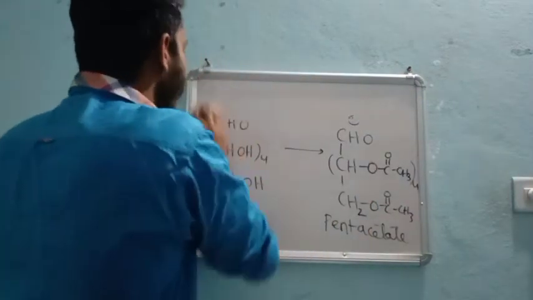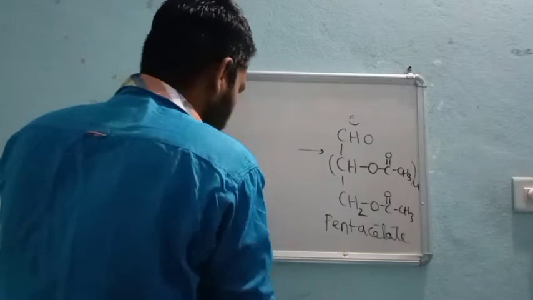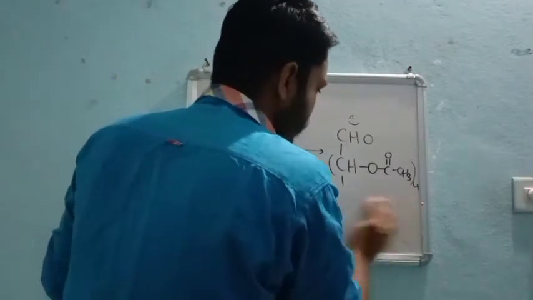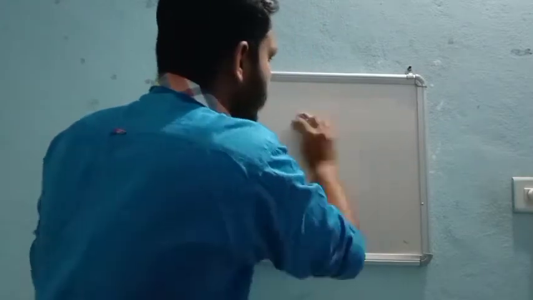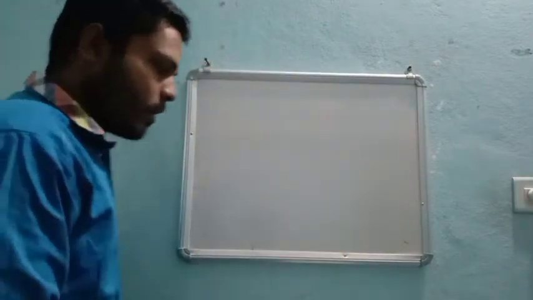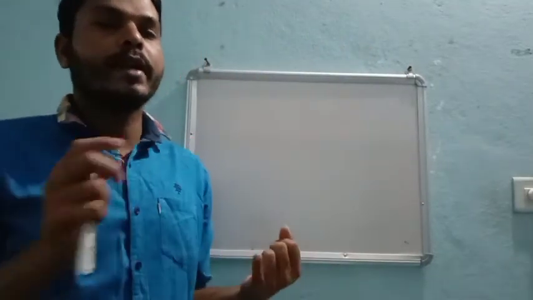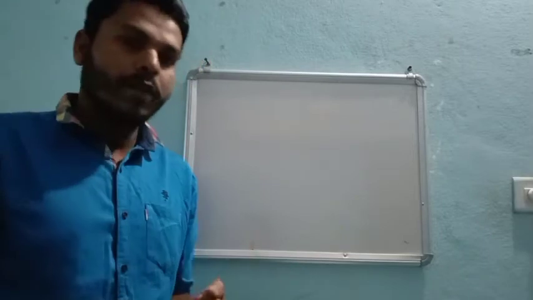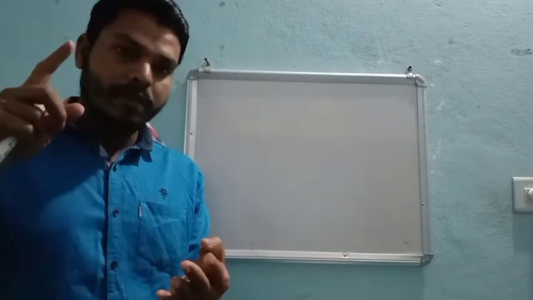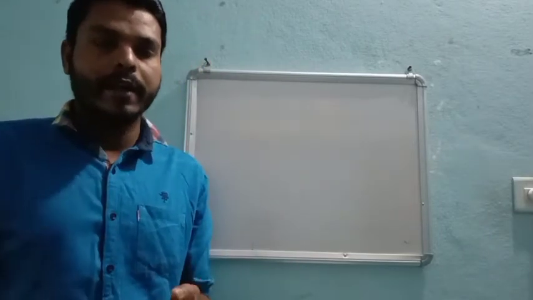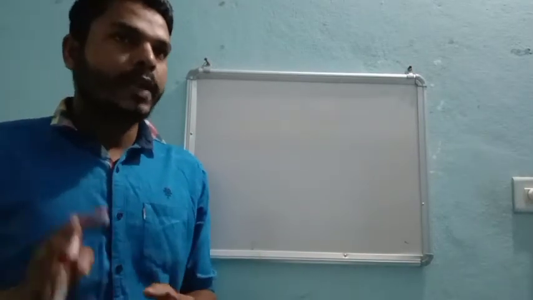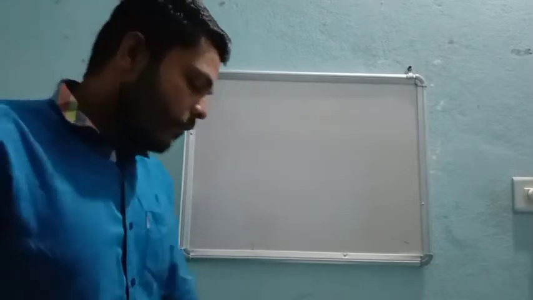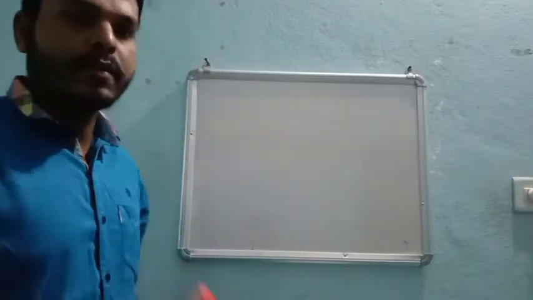Next, the last point of glucose: till now we have confirmed that there are 6 OH groups, there is a carbonyl group of aldehyde, and there are 5 OH groups by doing different tests.